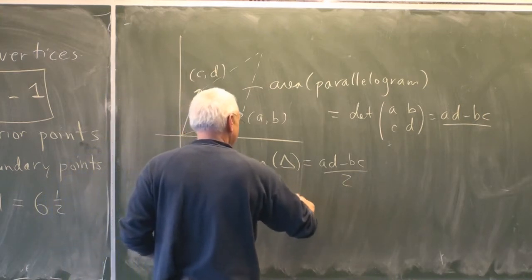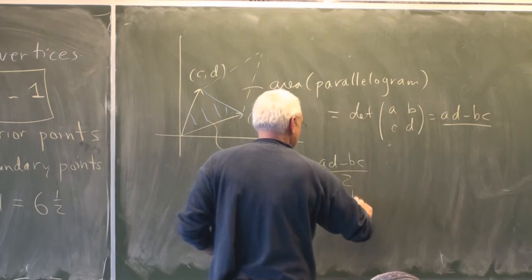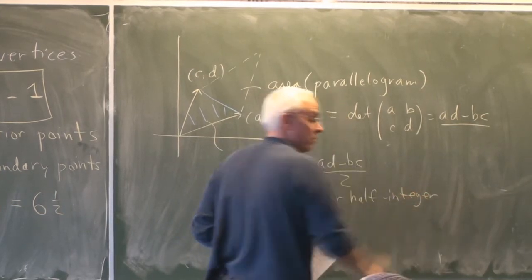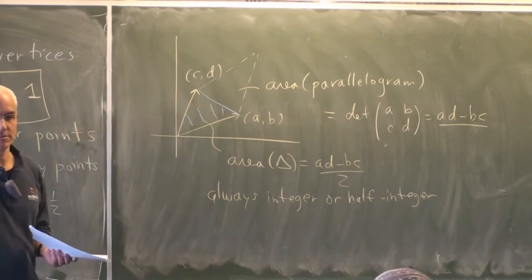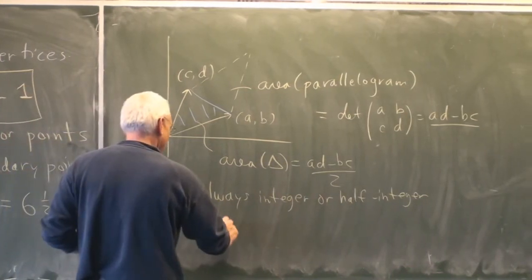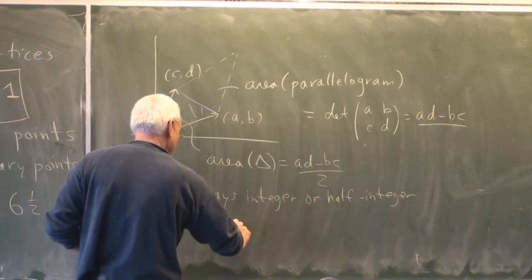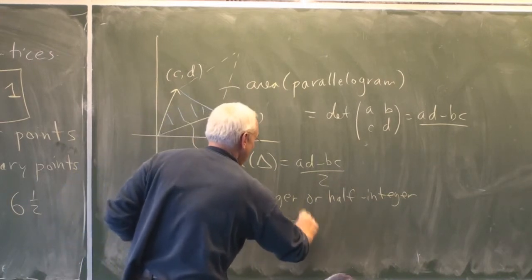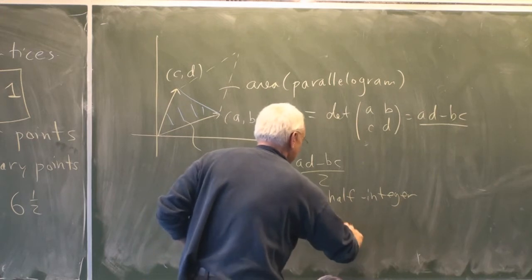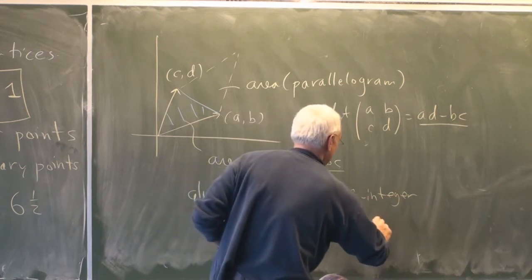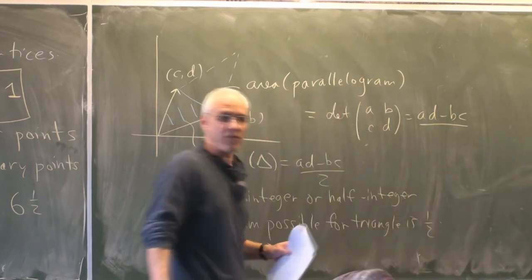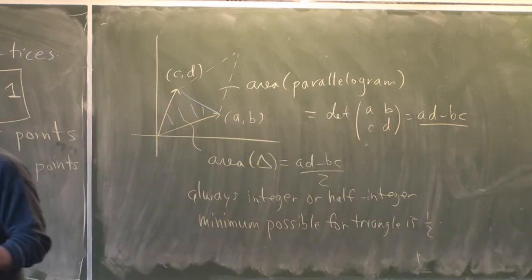In particular, the minimum possible area for the triangle is a half. Or for a parallelogram, it's 1.